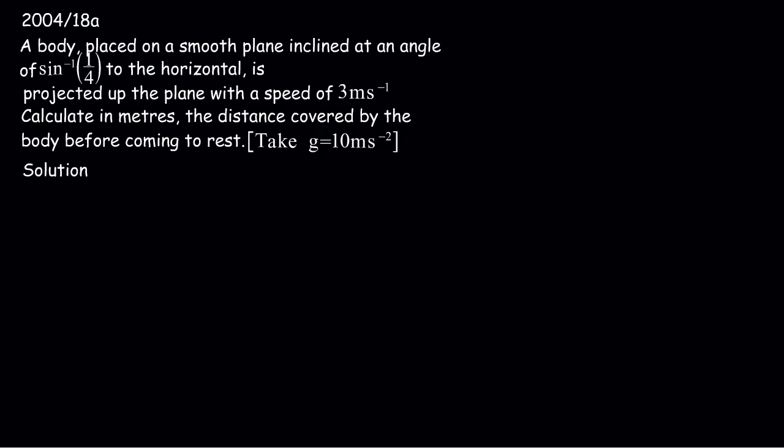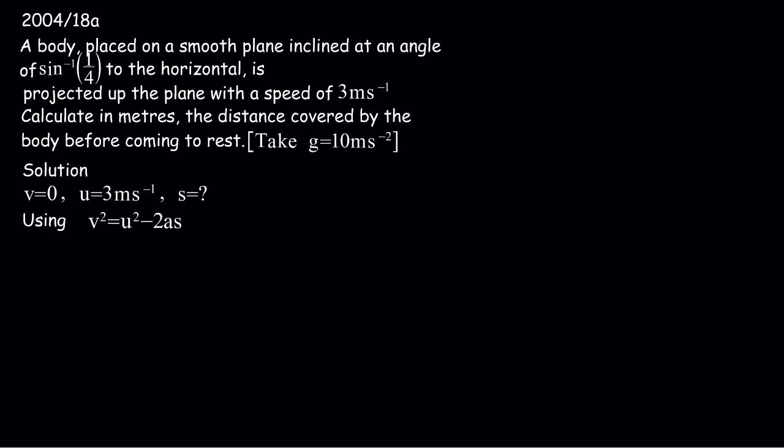Now, applying our laws of motion, the formula that's applicable in this case will be the one that states that v square is equal to u square minus 2as. Now, taking down our parameters, we know that v, which is our final velocity, is equal to 0 because the body ended at rest, and u is equal to 3 meters per second, and s will be unknown, which is the total distance covered.